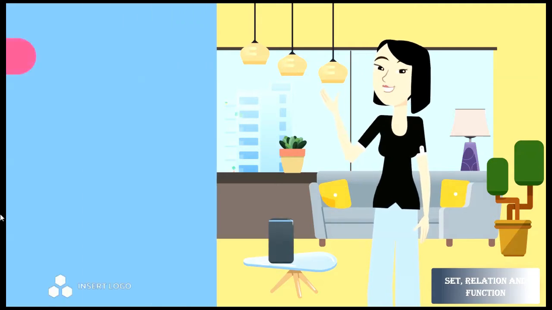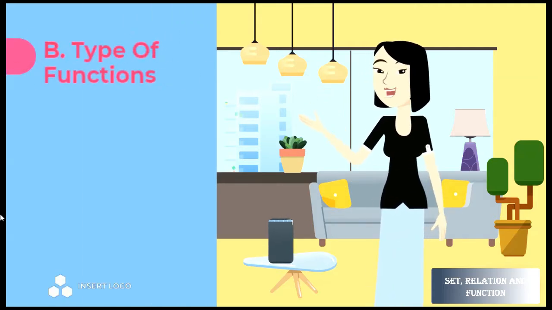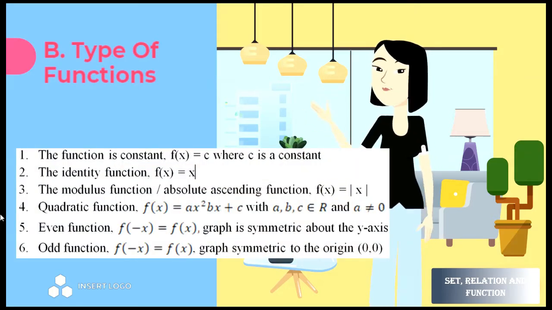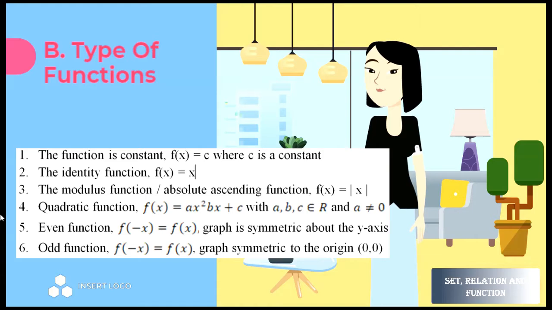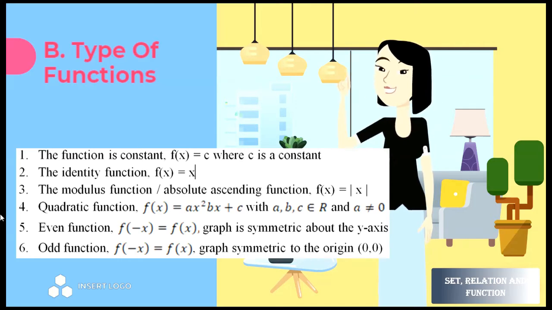Now, the second one, we talk about types of function. First, the constant function f(x) equal to c, where c is a constant. Second, the identity function f(x) equal to x. Third, the modulus function or absolute value function f(x) equal to absolute x.